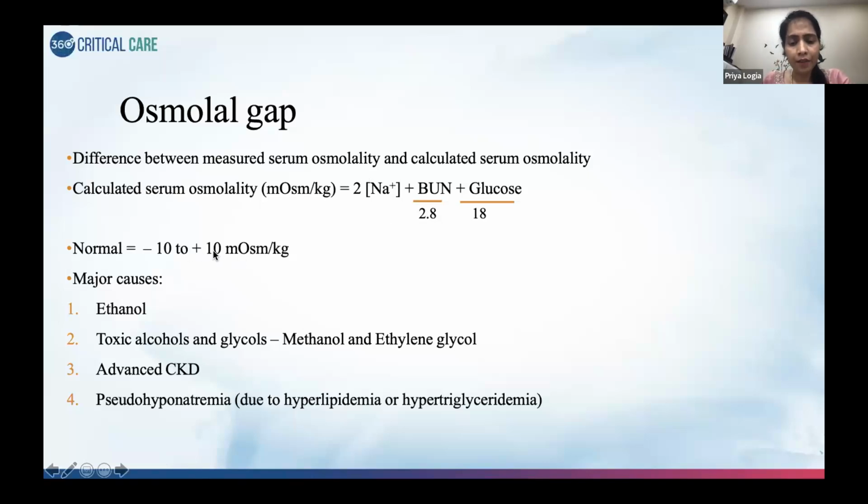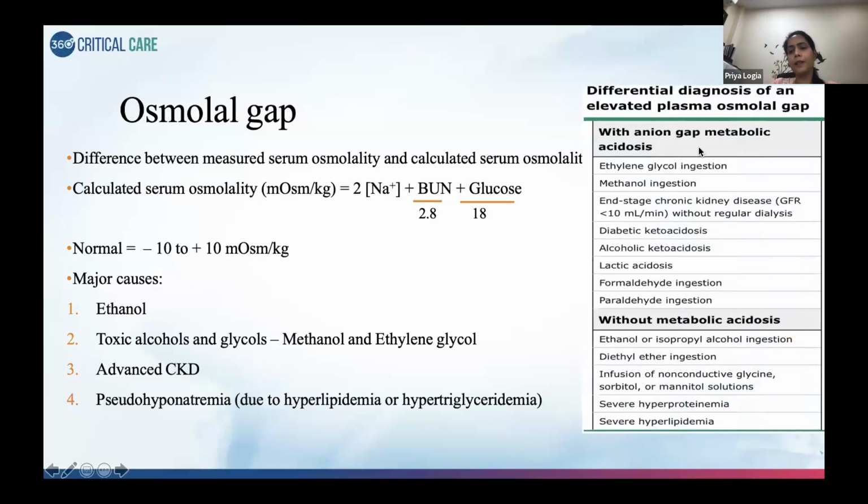If it's more than 10, it indicates there can be some hyperosmolar substances in blood like ethanol, toxic alcohols like methylene glycol, or some kind of pseudohyponatremia caused by hyperlipidemia and triglyceridemia. So there's a list of conditions which can cause a plasma osmolar gap.